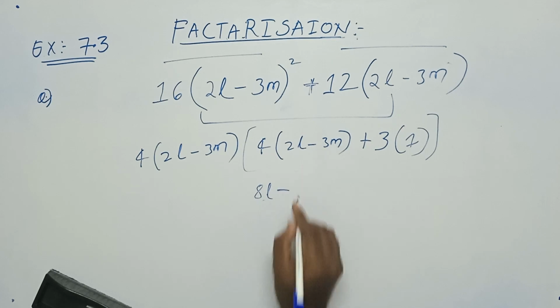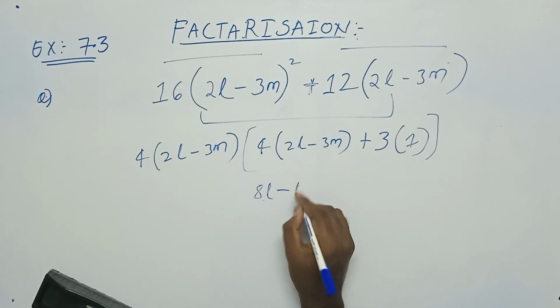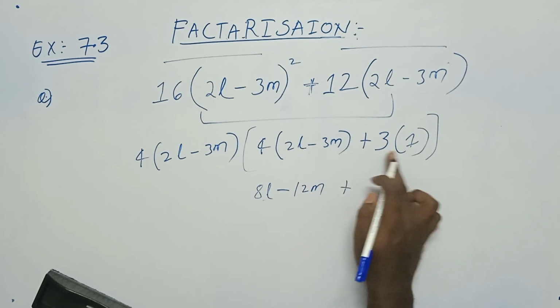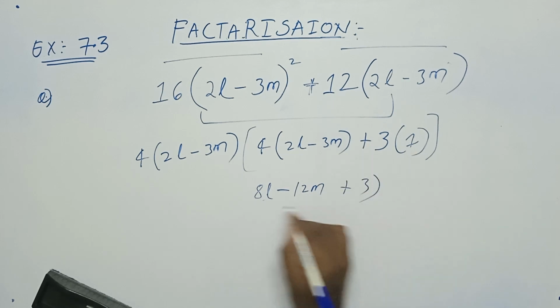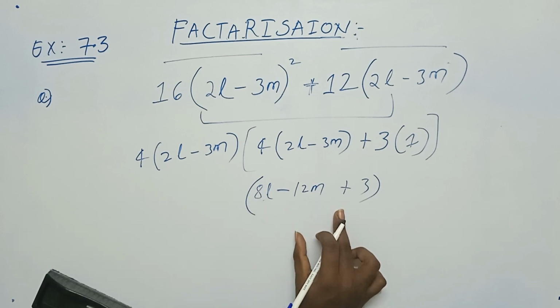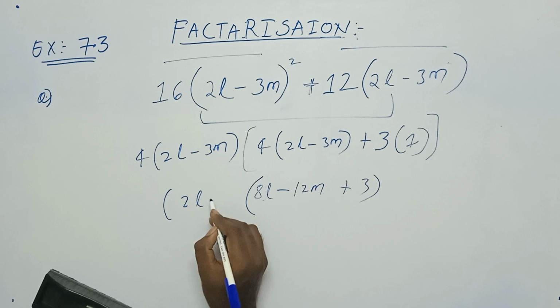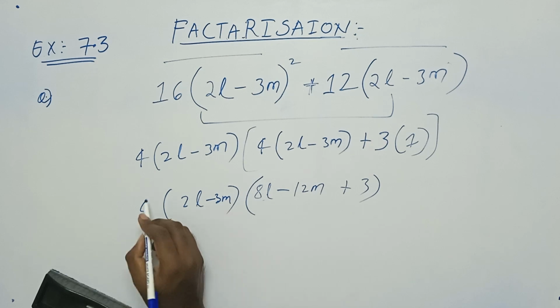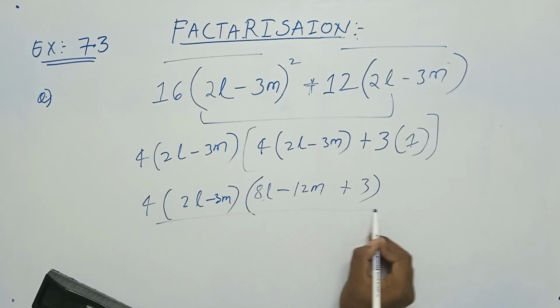Here you have a minus sign, we keep the minus sign. 4 3s are 12m, and then you have a plus sign. 3 1s are 3. That means we got (8l minus 12m plus 3) inside. This is one factor. Next we have another factor, (2l minus 3m), and 4 is also a factor. That means we got three factors.